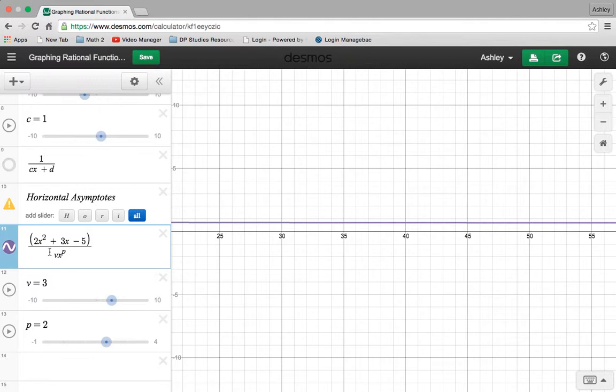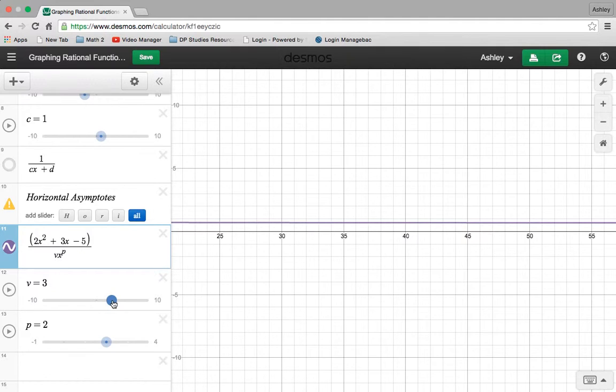So that's a review of our horizontal asymptote rule. If I have square over square or cube over cube or whatever the case may be, where they match here, we're just going to take the coefficient of the largest divided by the coefficient of the largest in the denominator, and that'll give us our horizontal asymptote.